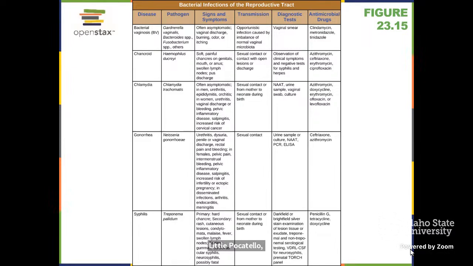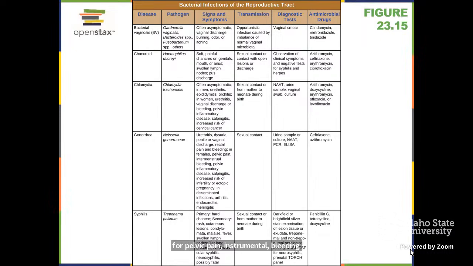All right, so gonorrhea, Neisseria gonorrhoeae. We saw the image of that, the gram-negative diplococcus, numerous types of symptoms that we can see. Urethritis, dysuria, penile or vaginal discharge, rectal pain and bleeding. There's the potential for pelvic pain, intermenstrual bleeding. The list goes on and on.